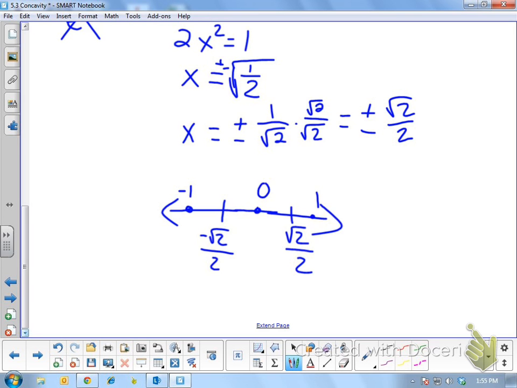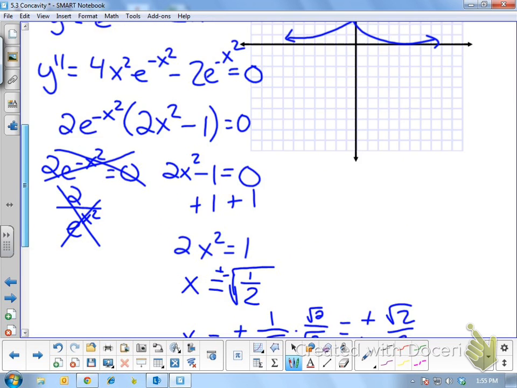We plug it into y double prime, just like when we were doing increasing and decreasing, we plugged it into y prime. Because we need to know if y double prime is positive or negative, because that can tell us about y itself. So we plugged these into y double prime, which was something I can't see anymore.